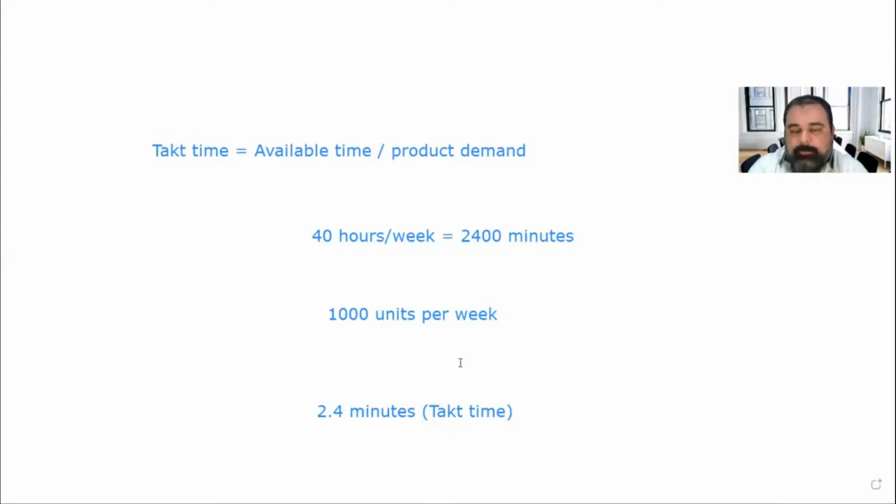So this is important not only for your internal calculations of labor and other resources, but also for suppliers, so they can plan ahead to meet your demand.